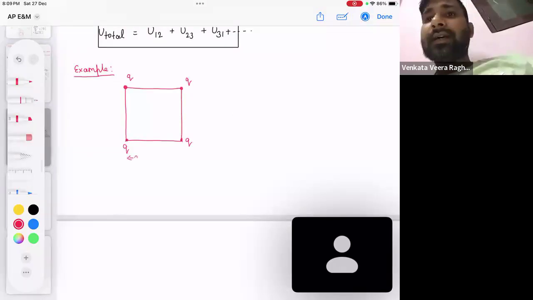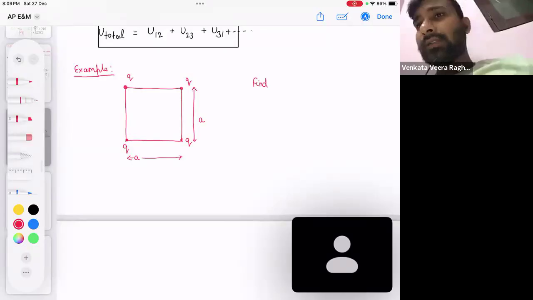These are placed at the corners of the square. They are asking in the question, find the total potential energy of the system of charges.